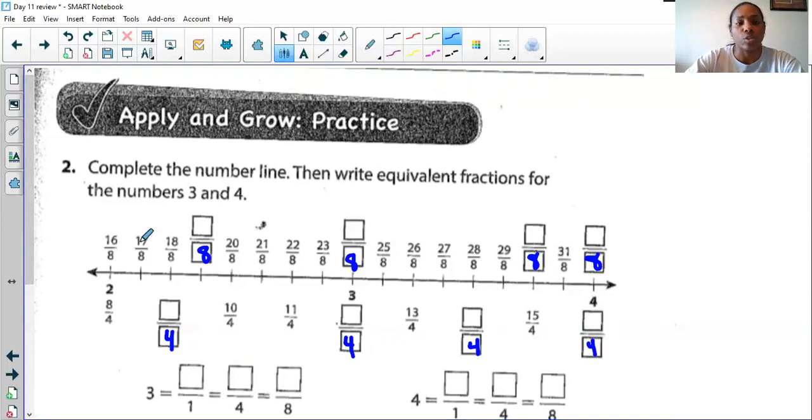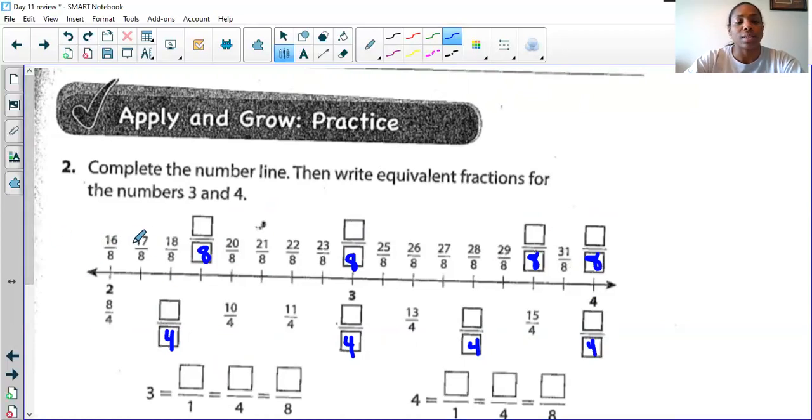So at this time, I want you to go ahead and fill in the remaining numbers that you have right there, 4 fourths, the fourths and the eighths, and then we'll be able to complete the one down at the bottom.